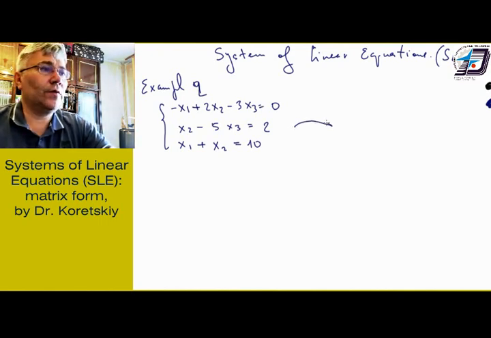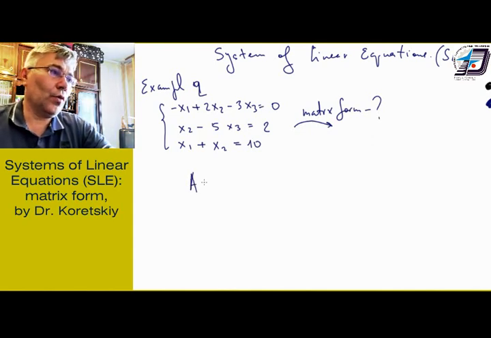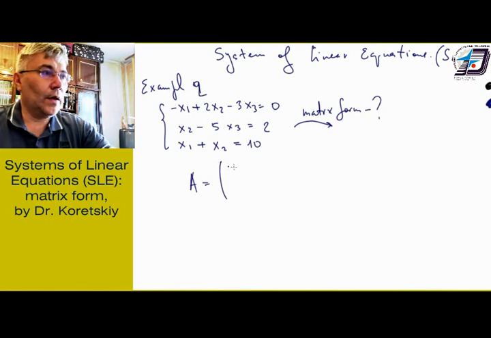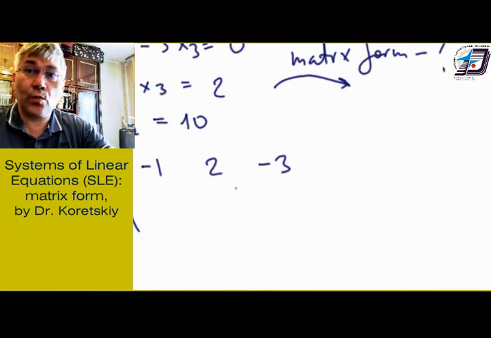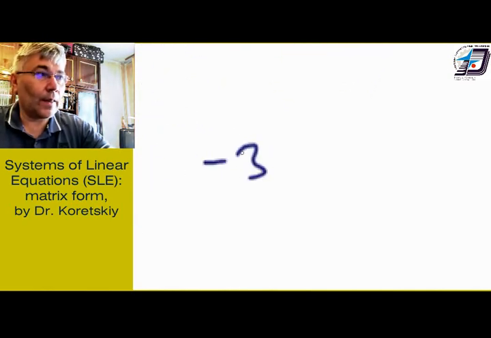Let's transform this into matrix form. Let's gather matrix A. Here minus 1, 2, minus 3. You can see that there is no x1 in the second equation, but it doesn't matter. It means that this element is what? How do you think?